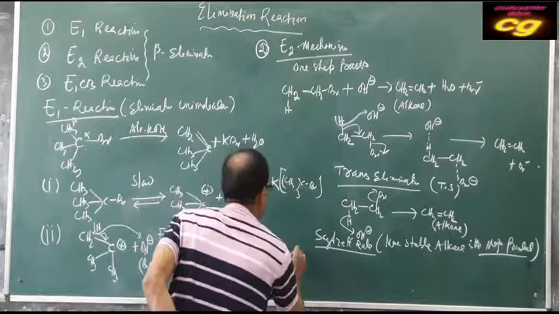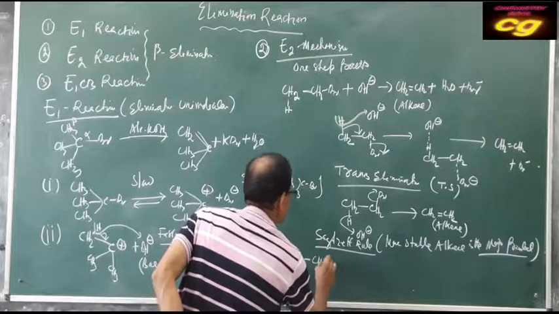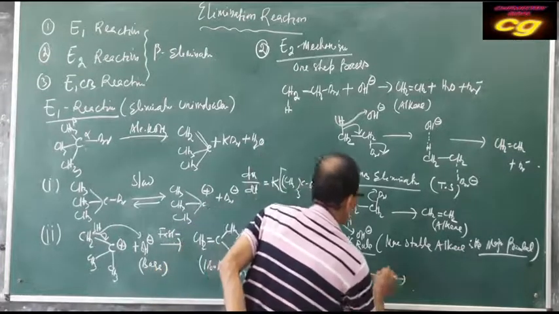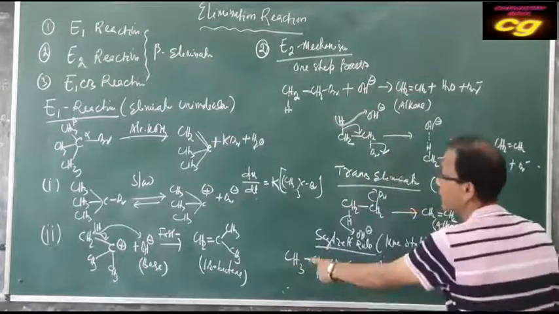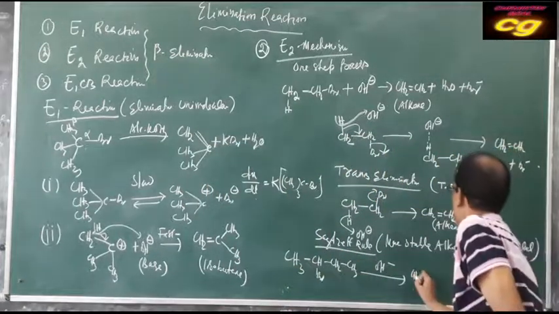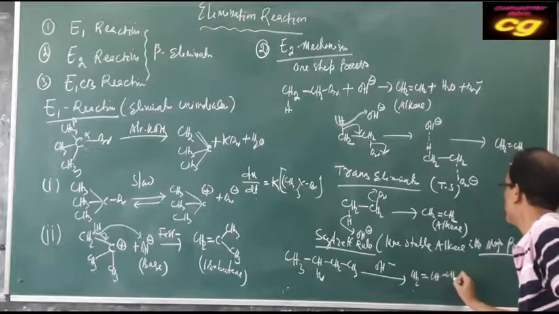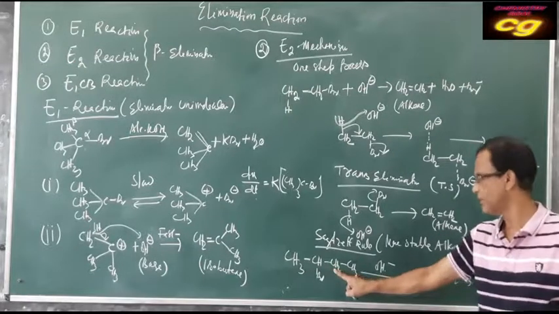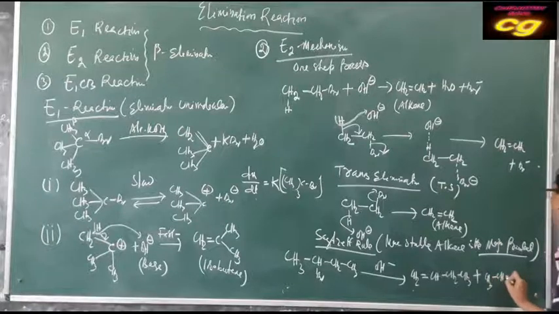For example, if you take CH3CHBrCH2CH3 with the same OH minus, the product may be, if you take the first carbon, CH2=CH-CH2-CH3, plus, if you take hydrogen from here, the product will be CH3-CH=CH-CH3.